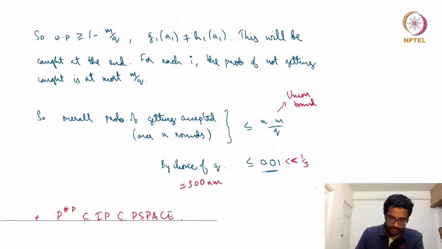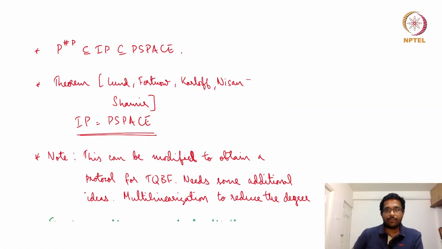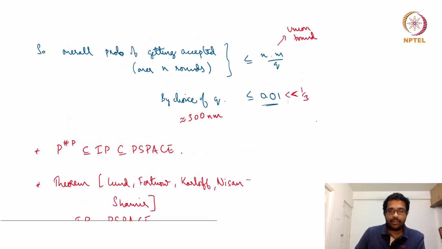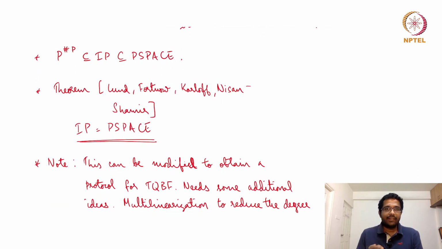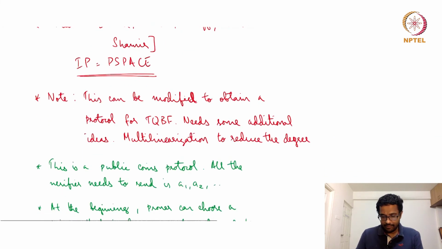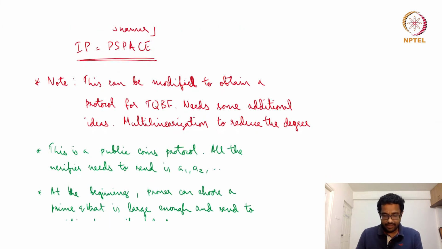I also mentioned that IP is equal to PSPACE. The PSPACE-complete language TQBF can also be shown to have an interactive proof system. The same proof system that we used for #3SAT can be modified to get one for TQBF. We have to deal with how the existential and universal quantifiers are converted into the arithmetic setting, and some additional ingredients are required, which I didn't get into.